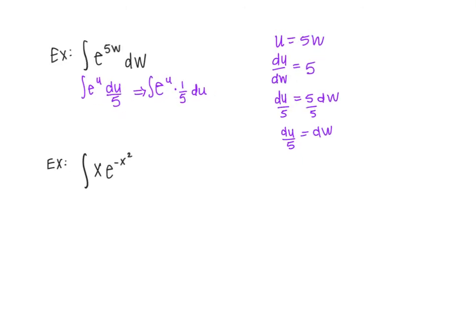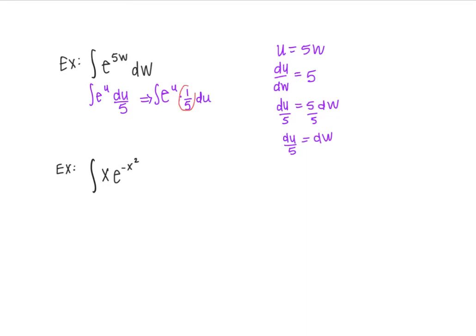And then use the rule that we learned in the last section that constants can be taken out and rewrite my integral as 1/5 integral e to the u du. And we know how to take the integral of e to the u, it's just e to the u. So now I have 1/5 e to the u plus c.